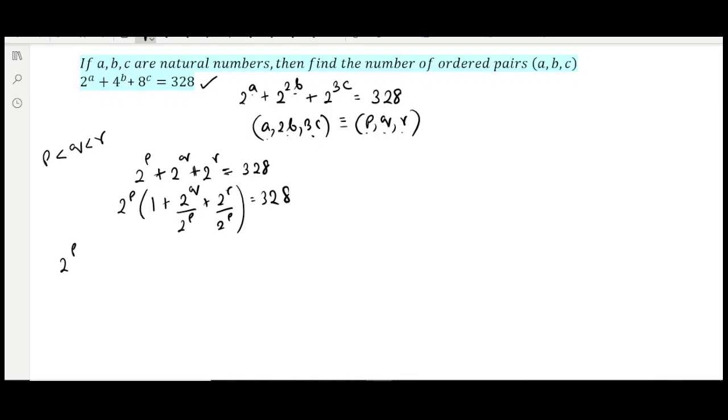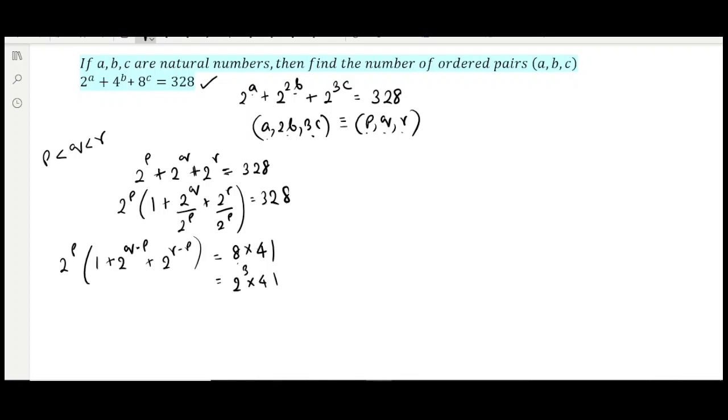Now 2 raised to power p times (1 plus 2 raised to power q minus p plus 2 raised to power r minus p) equals 328, which can be written as 8 into 41. Now this 8 is nothing but 2 cube, and this is 41.